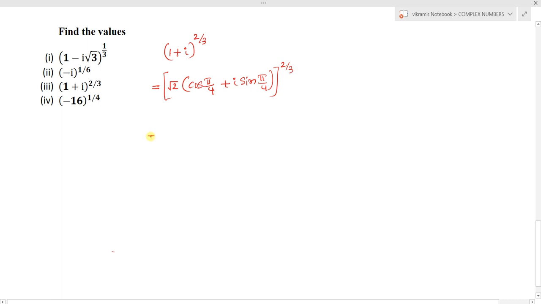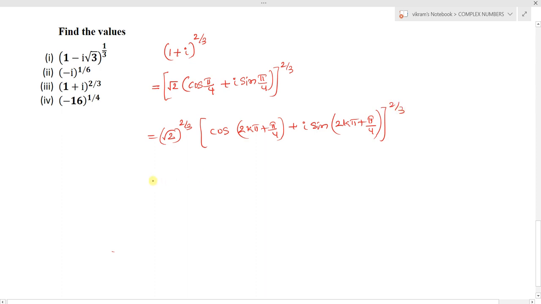Now we can write this as (√2)^(2/3) times the generalized form [cos(2kπ + π/4) + i sin(2kπ + π/4)]^(2/3).